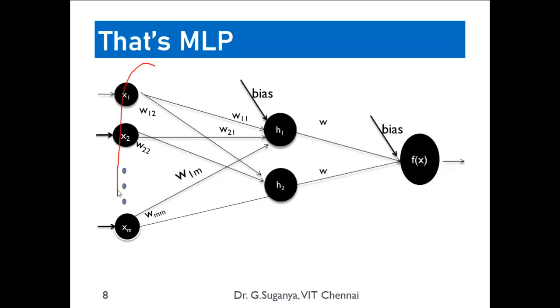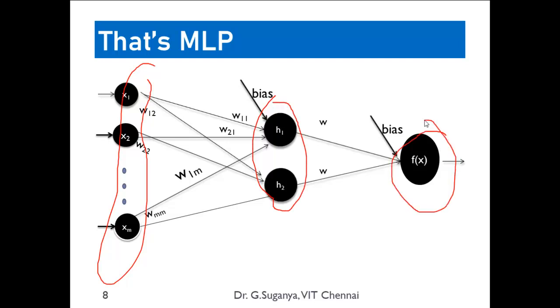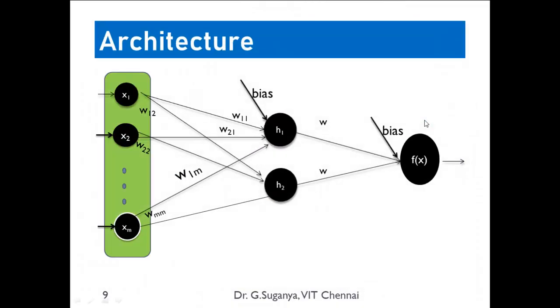This is what we call your input layer, and this is what we call your hidden layer, and finally the result will be given, as usual, to the corresponding activation function. In your hidden layer, the basic functionality remains the same.